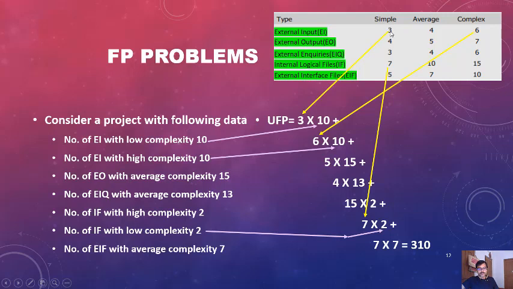So 3 cross 10 for the first one. For the next one, external input with high complexity, the weight is 6. So 6 into the number of items, which is 10.